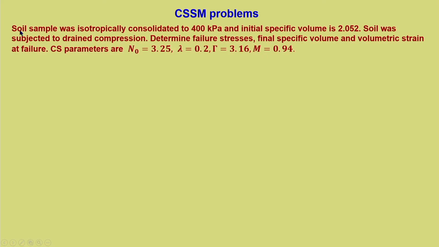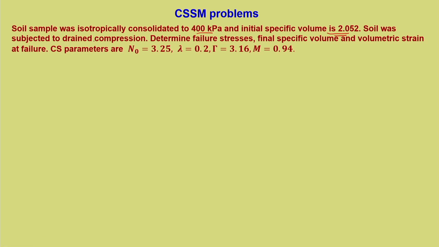The problem is: a soil sample was isotropically consolidated to 400 kilopascal and the initial specific volume is 2.052. So this initial specific volume corresponds to this particular isotropic consolidation.